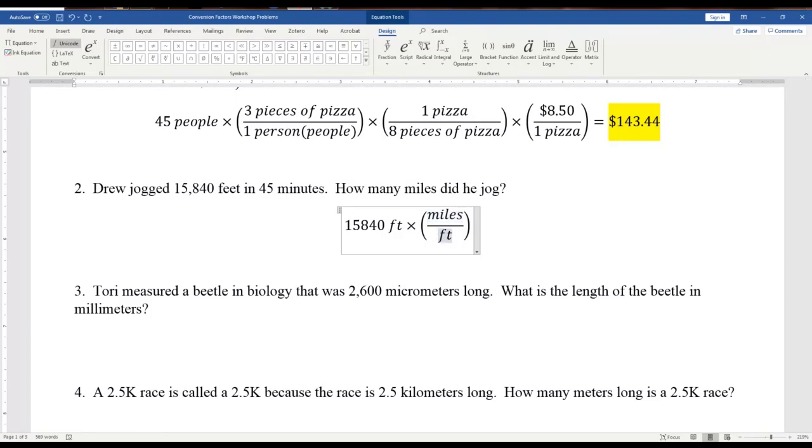You may not know that offhand. 5,280. All right, awesome. 5,280. That is absolutely correct. So 5,280 feet is equal to 1 mile.